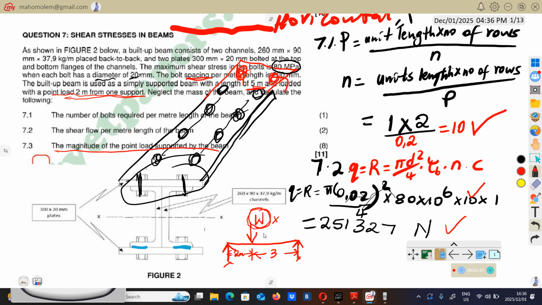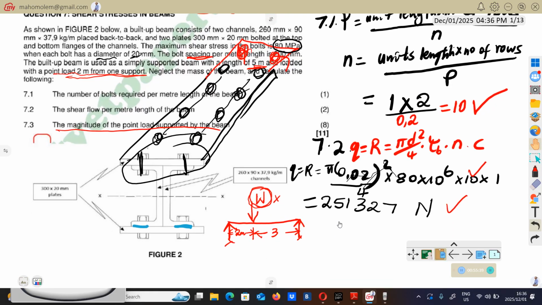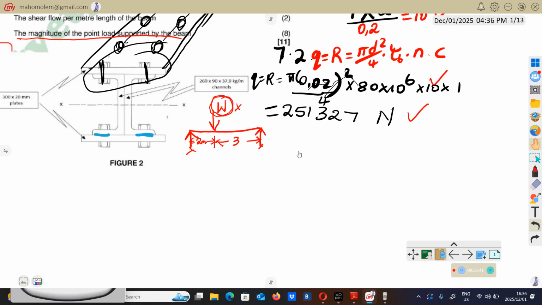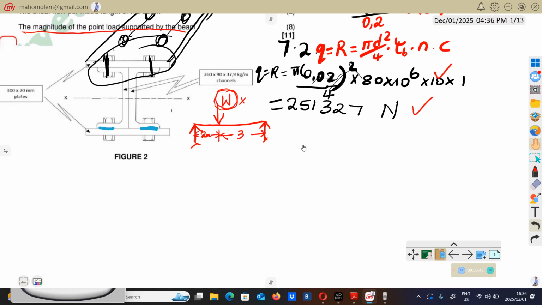Right. Now, we are going to use this approach of the shear flow. Let's go back to this formula of the shear flow.